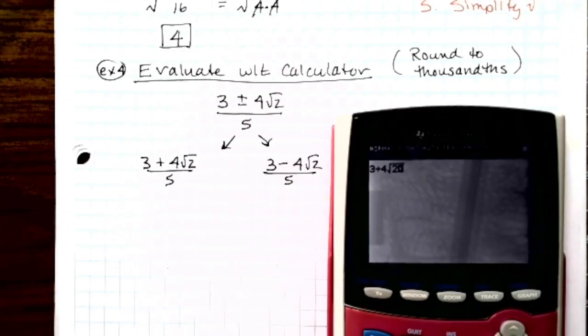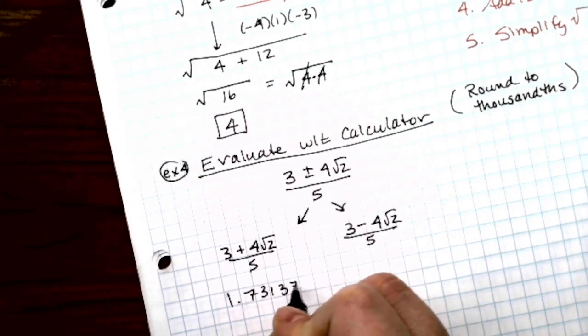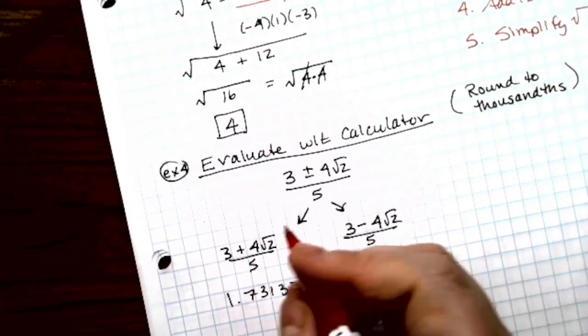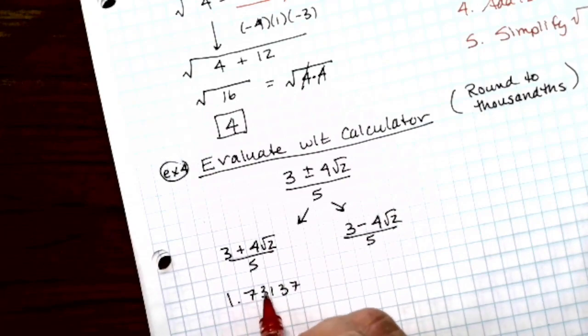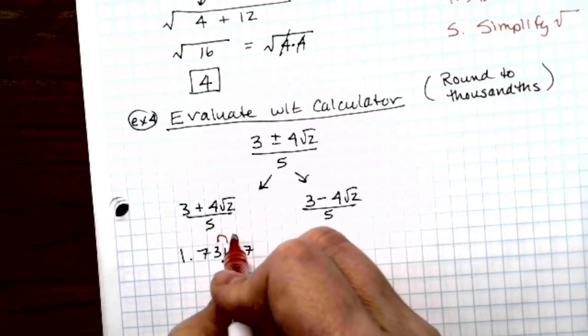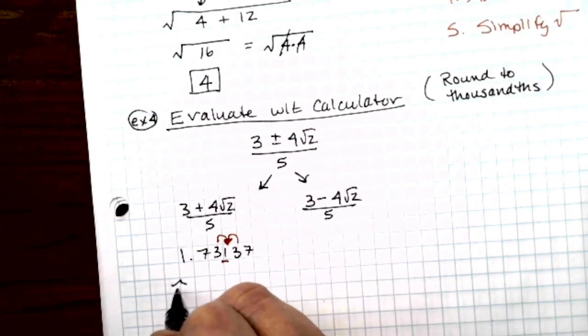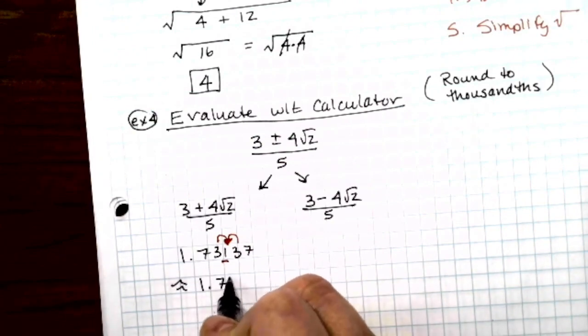If you can input that in that order, then you can just push enter and divide it by 5, and you have your answer, which is 1.73137. If we round to the thousandths, it goes tenths, hundredths, thousandths. The thousandths is the third place. 3 rounds the 1 to stay a 1. So our rounded answer is 1.731.